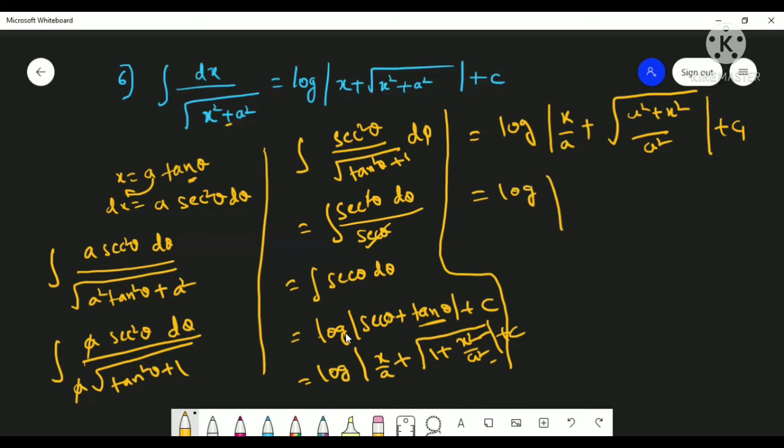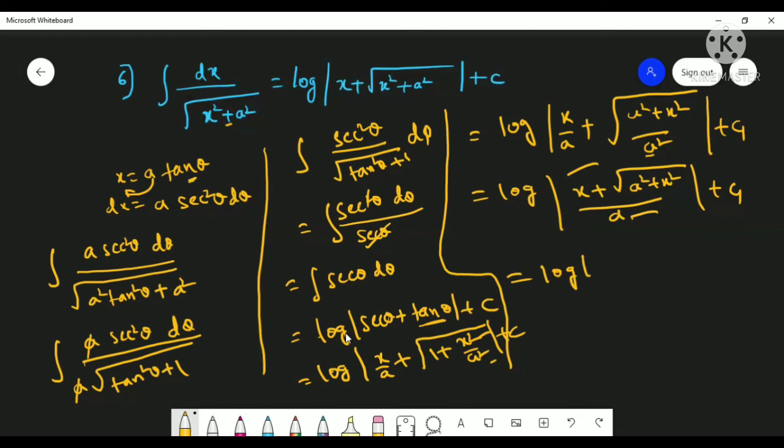Log. Then from the square root, if I take a square common, that becomes a. That is again I will take a as the LCM. What is left? x plus square root of a square plus x square plus c1. Now this is log m by n, that is log m minus log n.